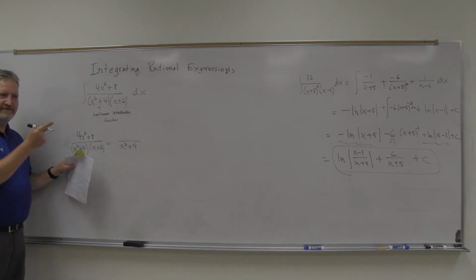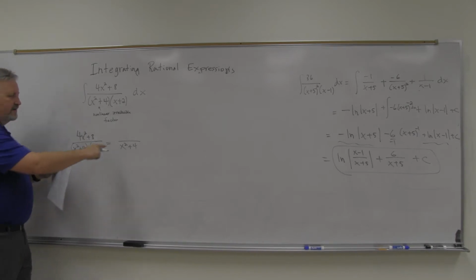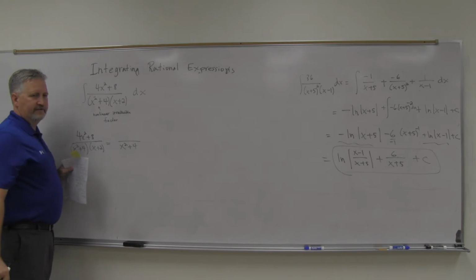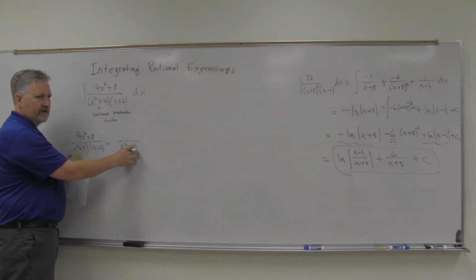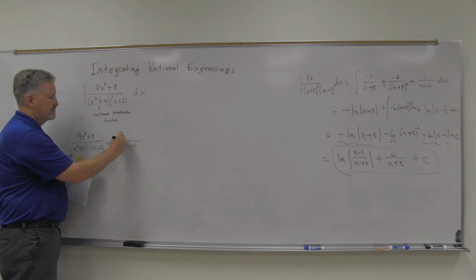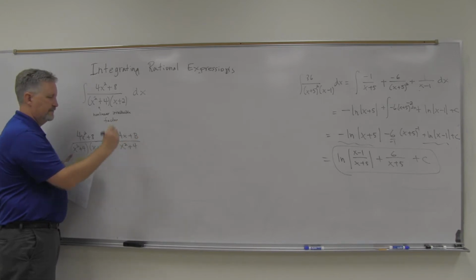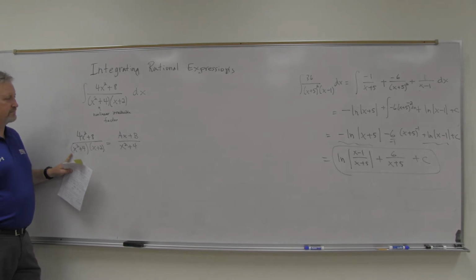However, on top of that, it's not just A. That's what makes this different. Above a nonlinear, irreducible factor, so if it's x squared plus 4, what I need to put with that is Ax plus B.